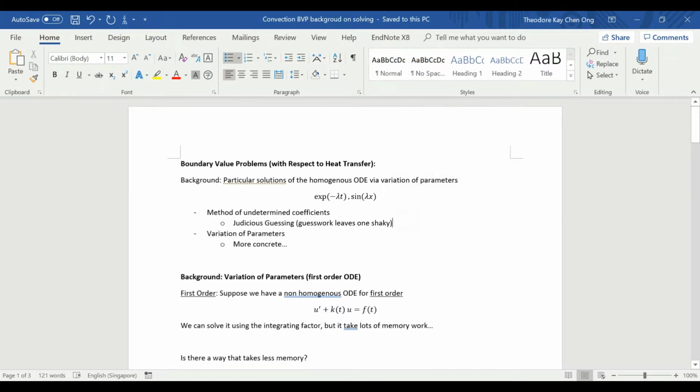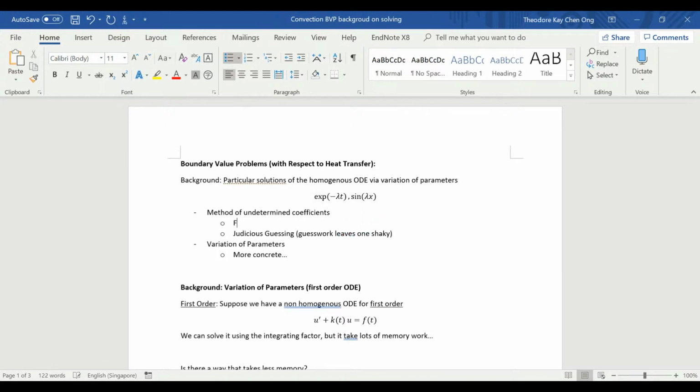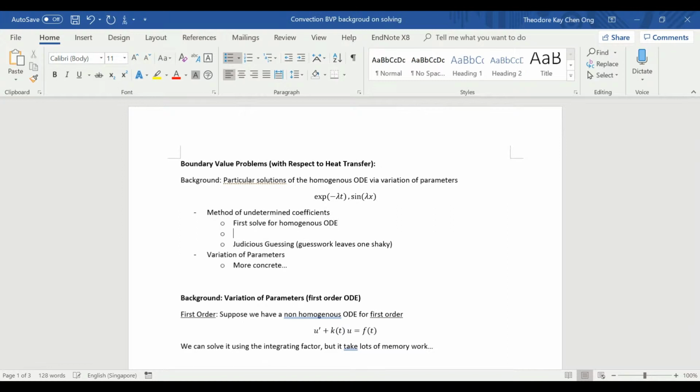Previously, you might have come across the method of undetermined coefficients, where we first solve for the homogeneous ODE, and then we guess the particular solution of the ODE.